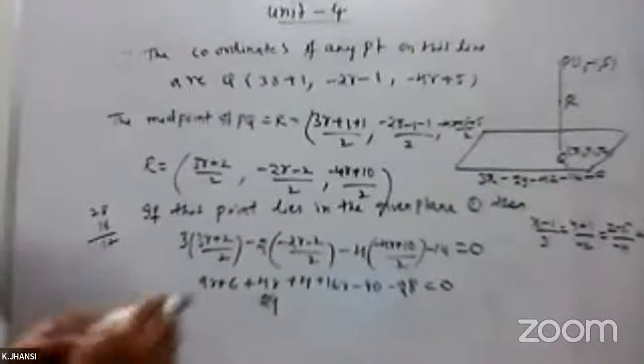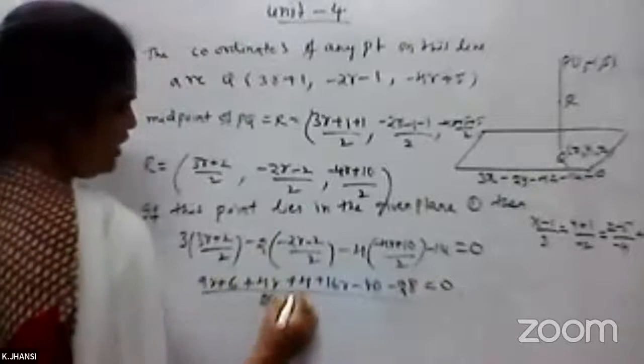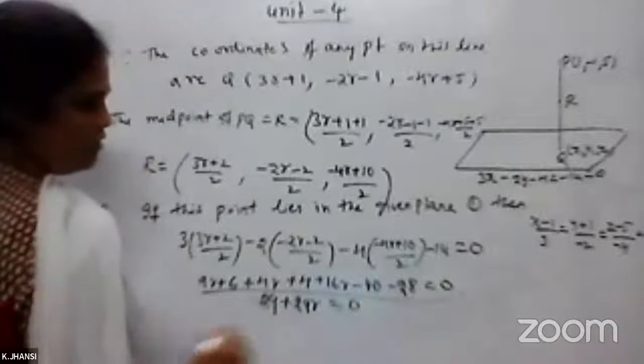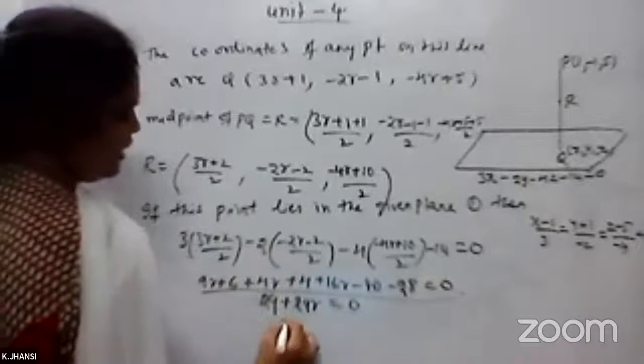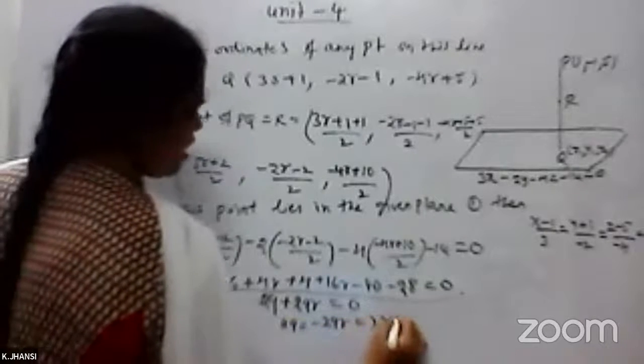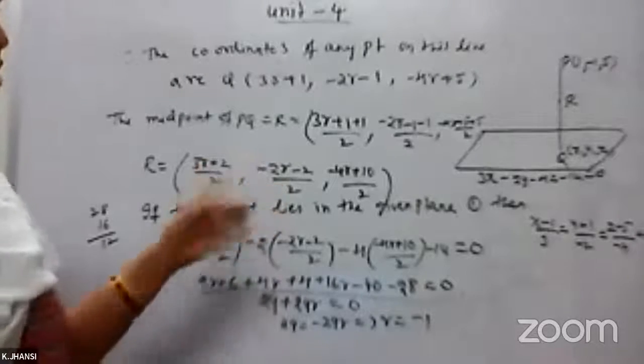Actually, you see this one, 29R plus 29 equals 0 you'll get. Okay, so therefore you'll get 29 equals minus 29R, implies R equals minus 1 you'll get.